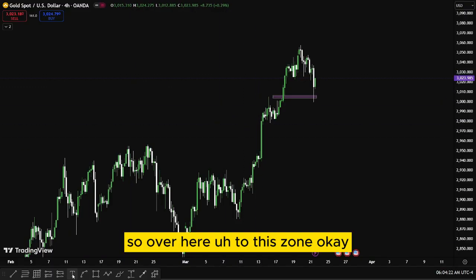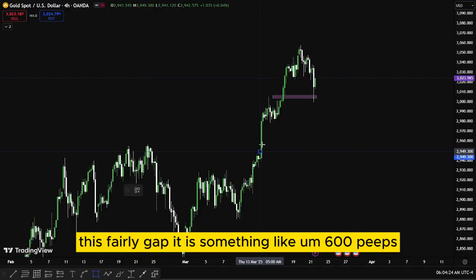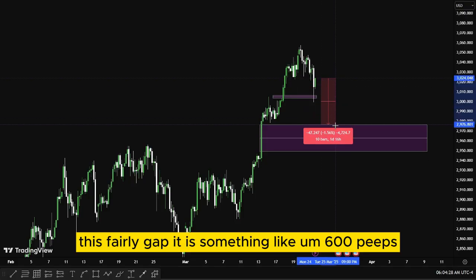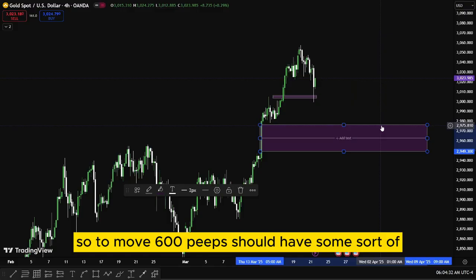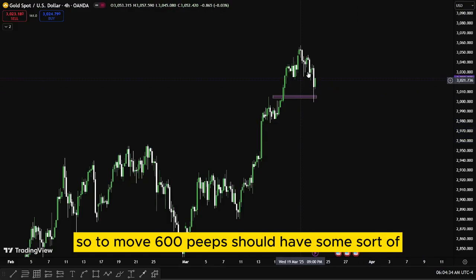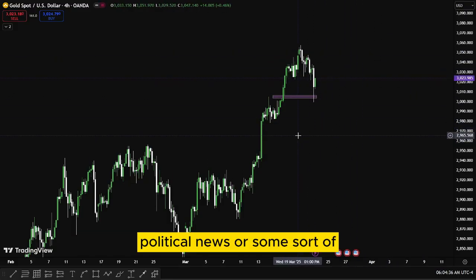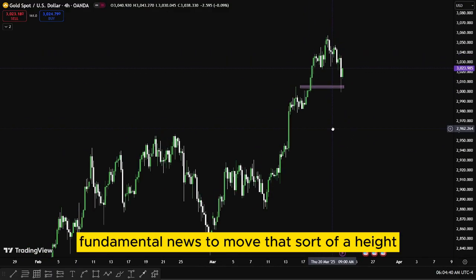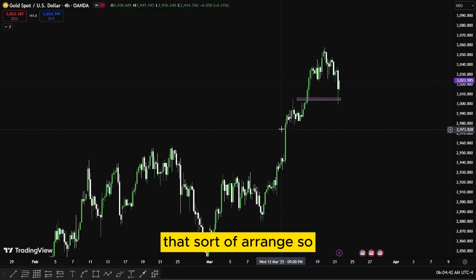Over here, to this zone, this fair value gap, it is something like 600 pips. So to move 600 pips should have some sort of political news or fundamental news to move that sort of a range.